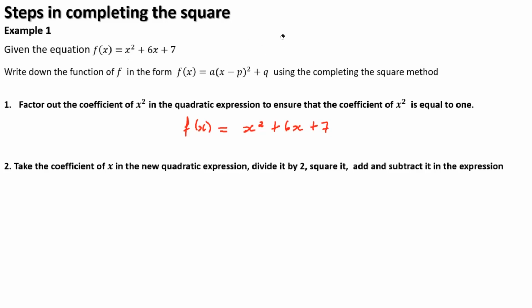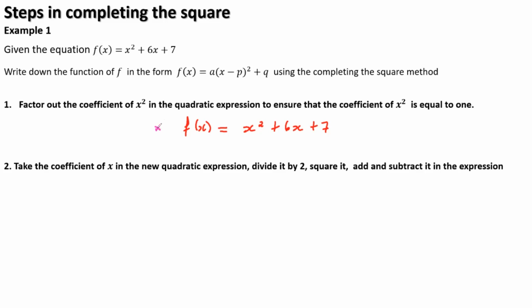Step number 2. Take the coefficient of x in the new quadratic expression. Divide it by 2. Square it, add and subtract it in the expression. Now that's a mouthful, but we can do this together. Let me go step by step. They say to me, take the coefficient of x in the new quadratic expression.